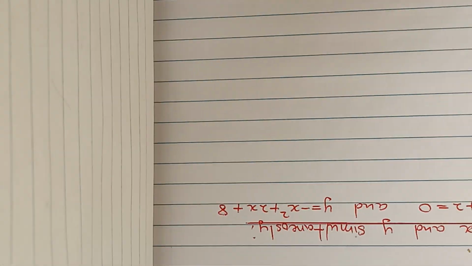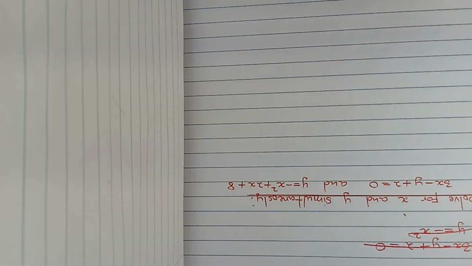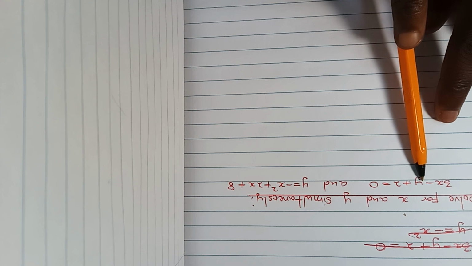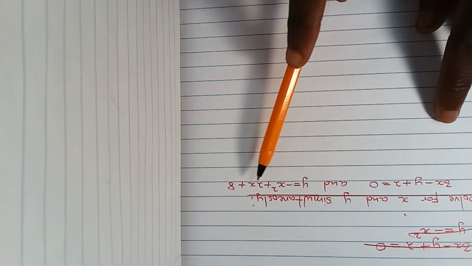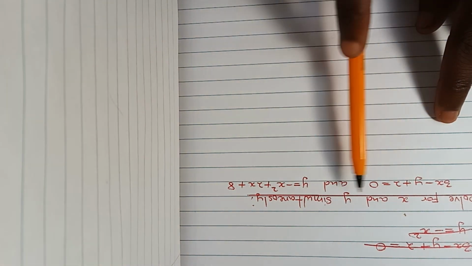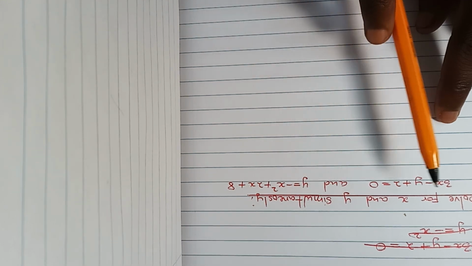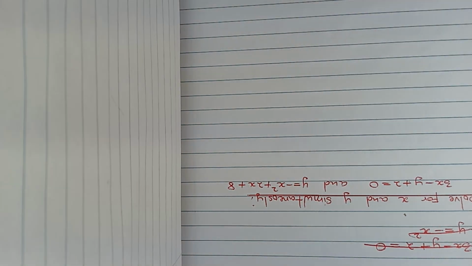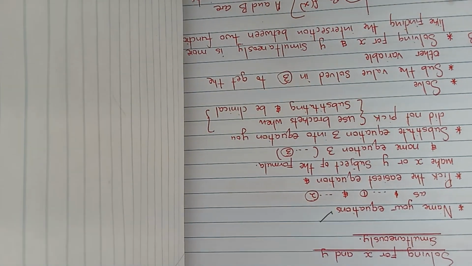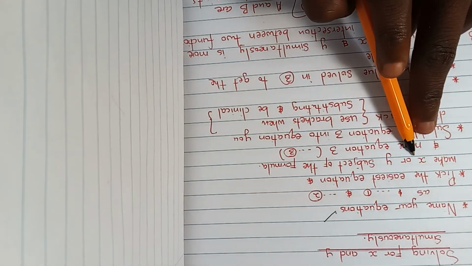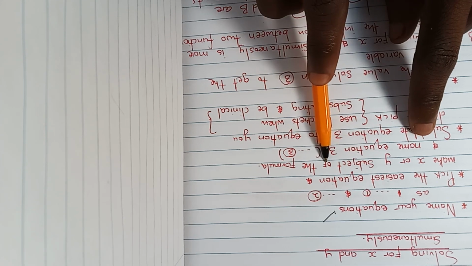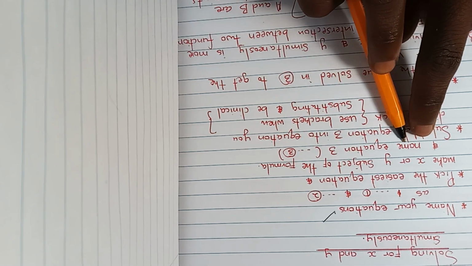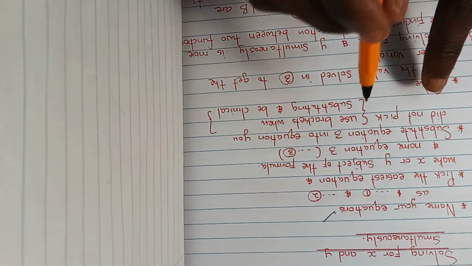If you look at this equation and that equation, you pick which one is the easiest. But I think the easiest is this one. So you will pick this one, and then you make x or y subject of the formula, and you name that equation that you have created equation 3. That's the second point.